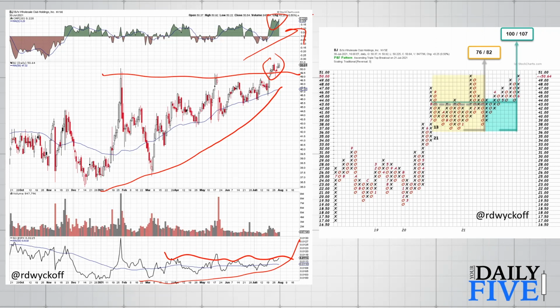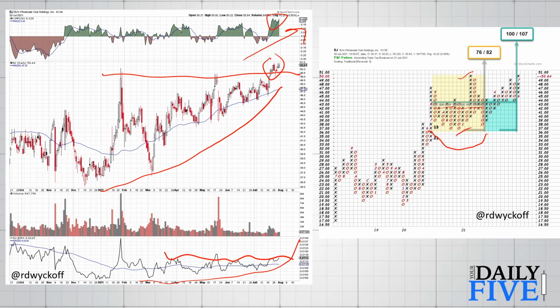Over here on the point and figure chart, this one we're analyzing slightly differently, which is that we have two counts. This is our primary count in the yellow shaded box, and this count goes to 76 to 82. We took this dotted line right here across this area as the midpoint of this range.